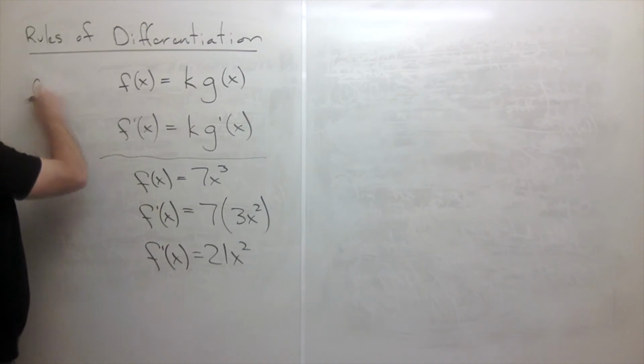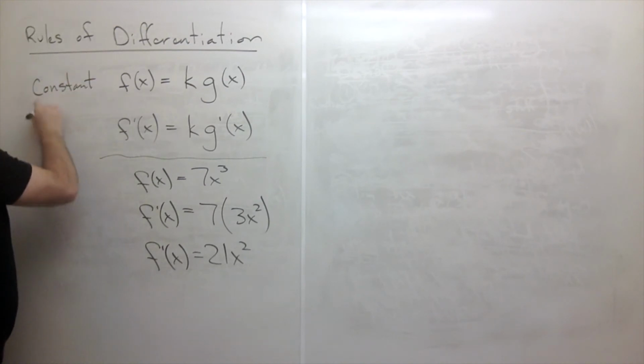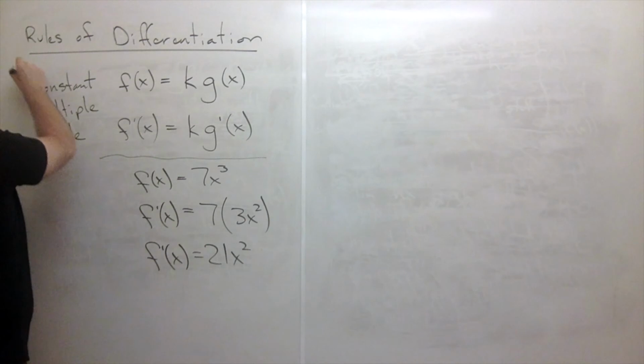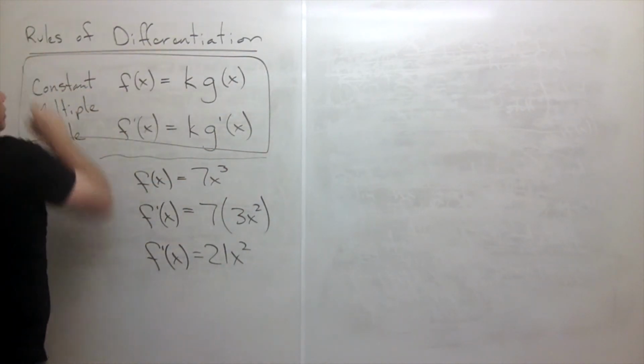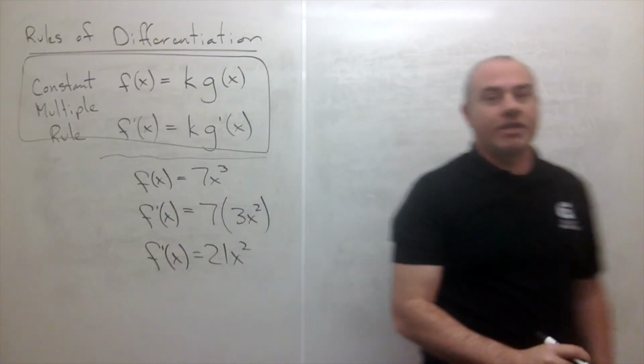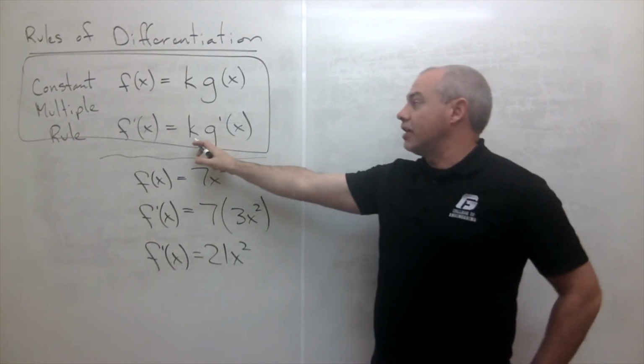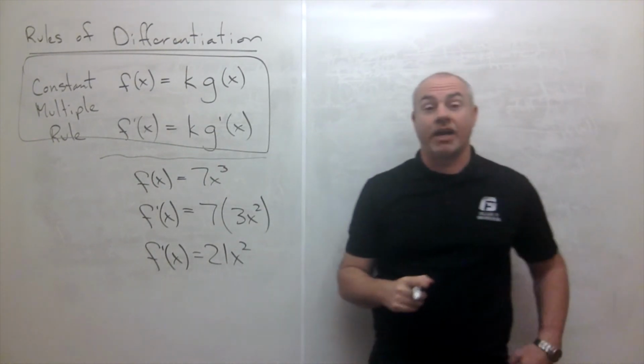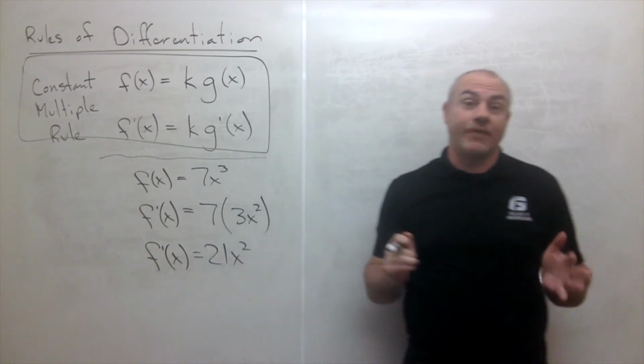So this is the constant multiple rule. If you have a function that's a constant times another function, just leave the constant alone and take the derivative of the function that it's multiplied by, and you get the derivative. That's very nice.